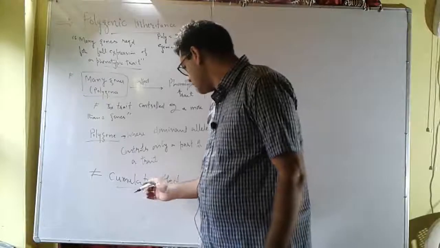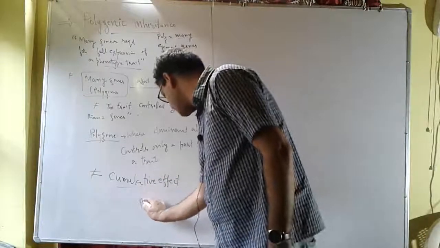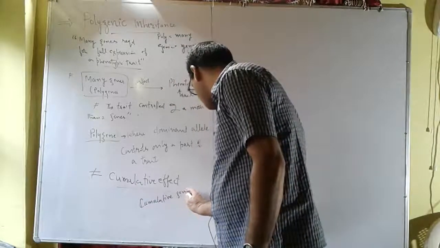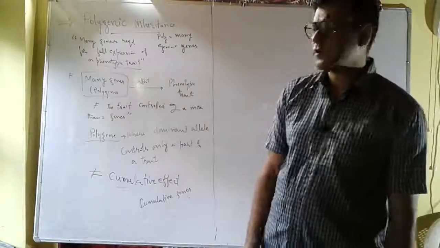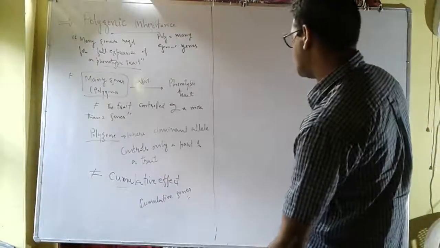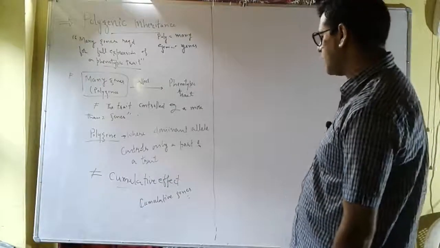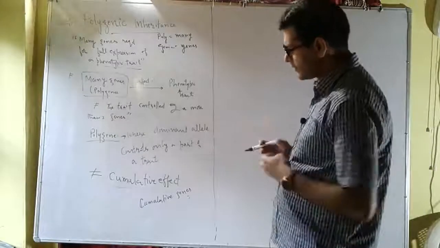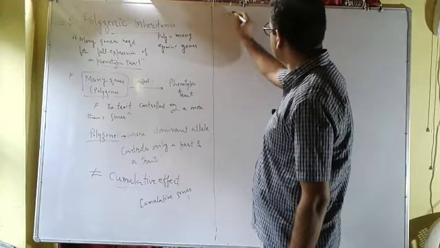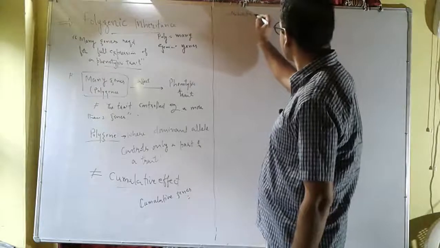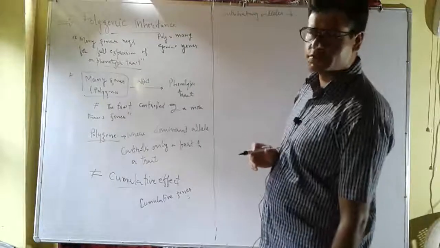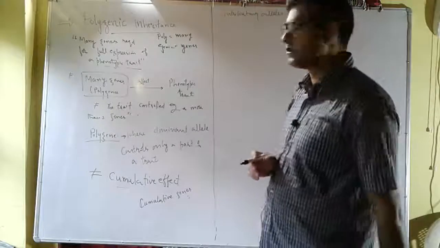And so these polygenes are also called cumulative genes. That means here all the dominant alleles of all the polygenes should be present for the complete expression of a phenotypic trait. So we have these contributing alleles, the dominant alleles of polygenes, which are responsible for the full expression of a phenotypic trait.